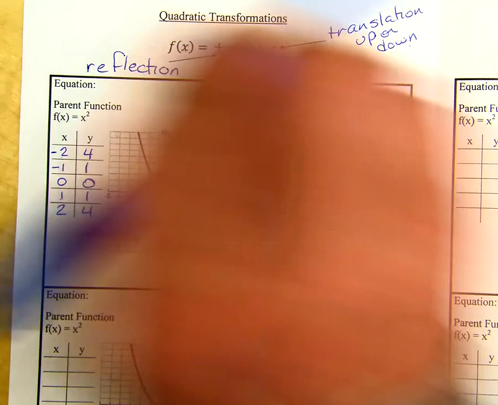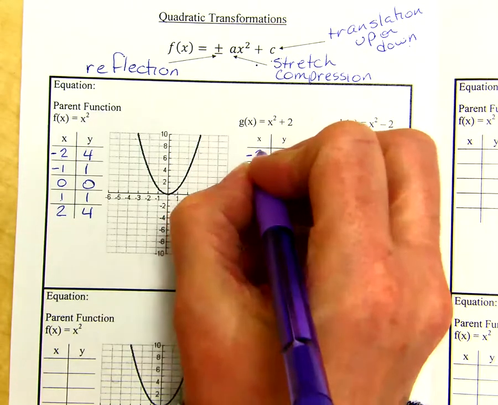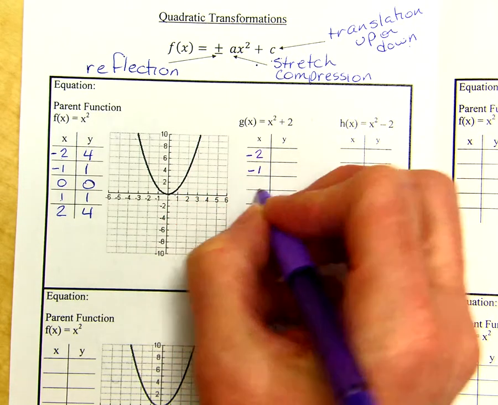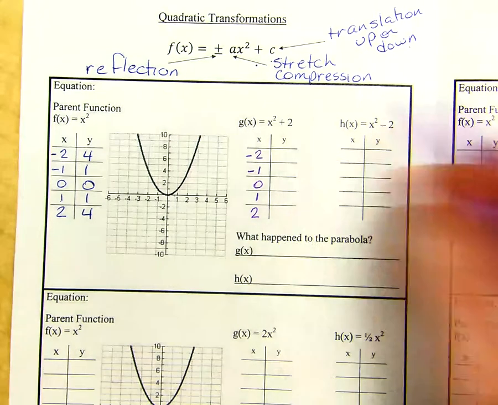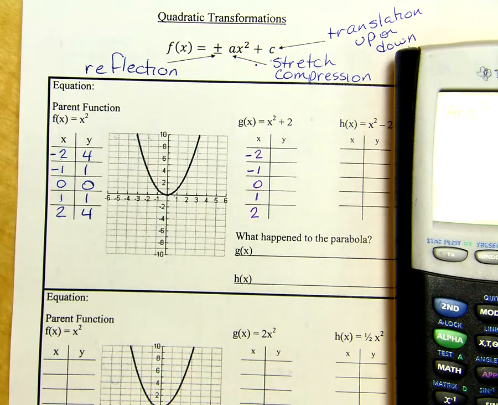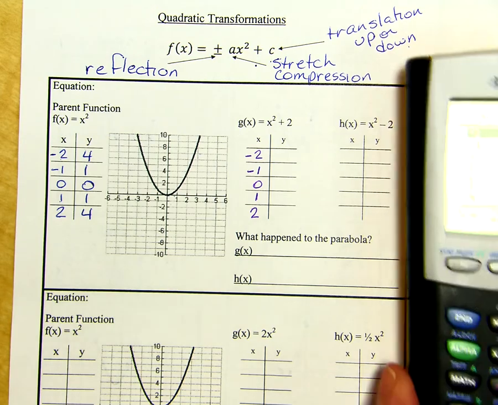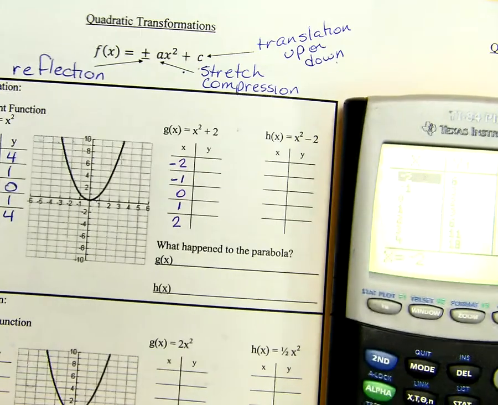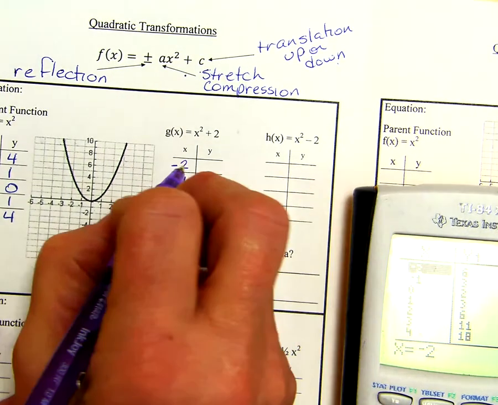G of x equals x squared plus 2. Again, we are going to use the same numbers for x and then plug those in. If you would like, you can go to y equals and you can put x squared plus 2 there and look at a table of values. We will be looking from -2 to +2. So we can just copy those down.